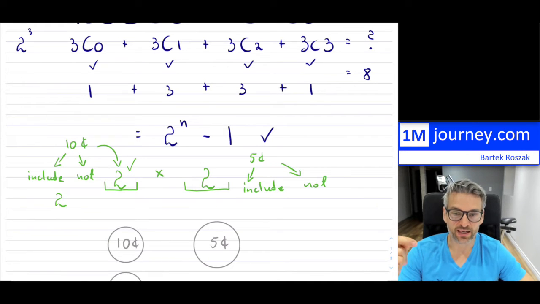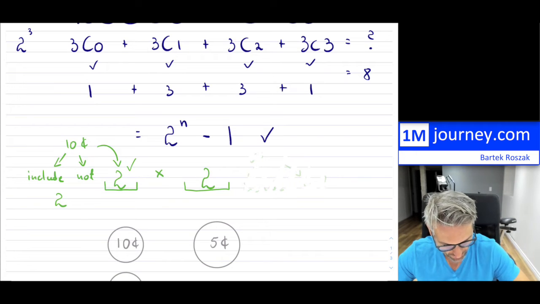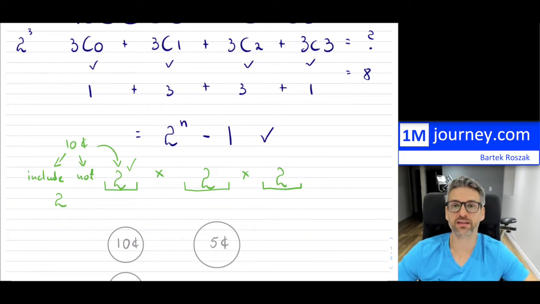And if you had 3 items, it would have been exactly the same thing. So if those items were distinct, let's say there was another, maybe a quarter, then you could have said, I'm going to either include the quarter or not include the quarter. And then the multiplicative property comes into play. So it would have been 2 times 2 times 2. Or if you have n items, it's going to be 2 to the n.